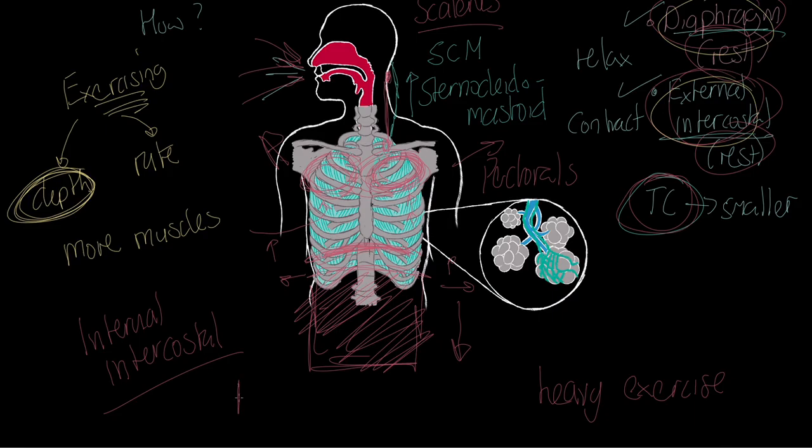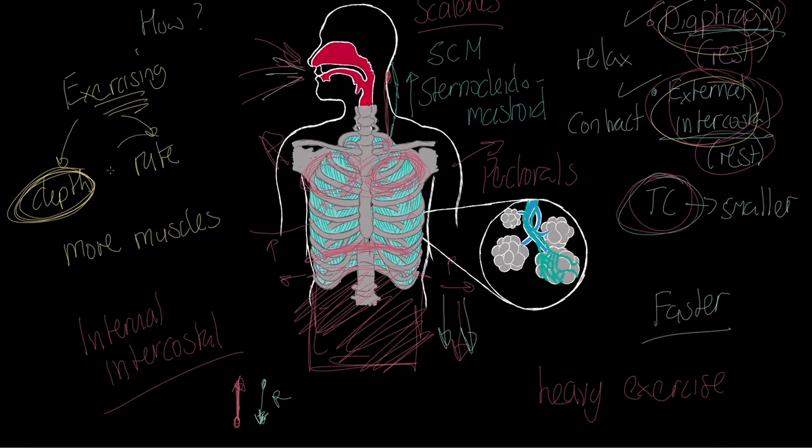So instead of being this way up, pulling upwards, they are this way up. So this is the external ones here, and these would be the internal ones. And what happens, of course, is they pull the ribs down in this way. And as a result of that, our breathing out, listen to this word very specifically, becomes faster.